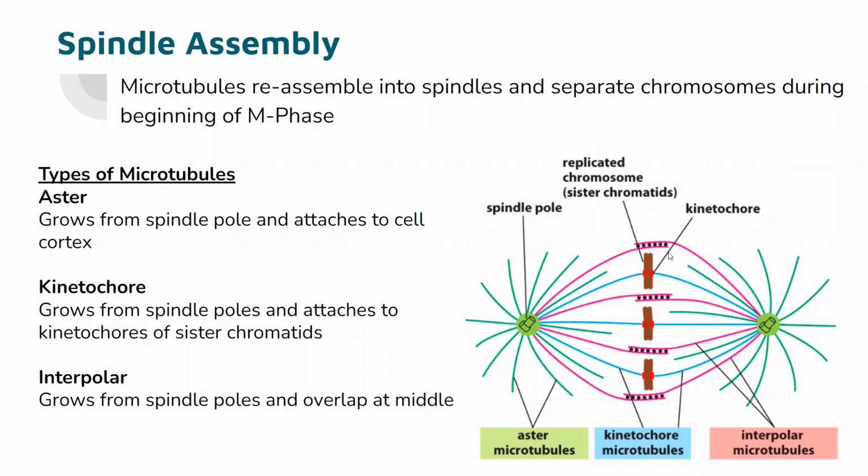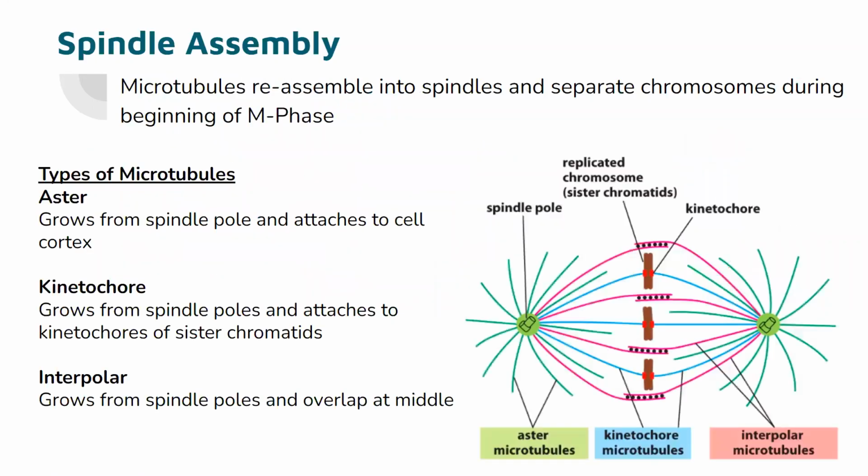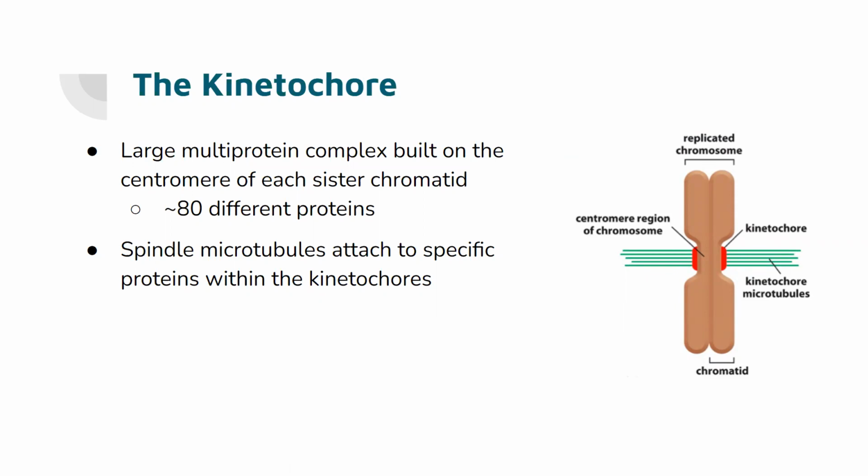They grow from the spindle poles and they're going to be overlapping in the middle. And again, I'll go over more detail about the proteins there. So the kinetochore is a large multi-protein complex, and it's built on the centromere region of each homologous chromosome or sister chromatid.